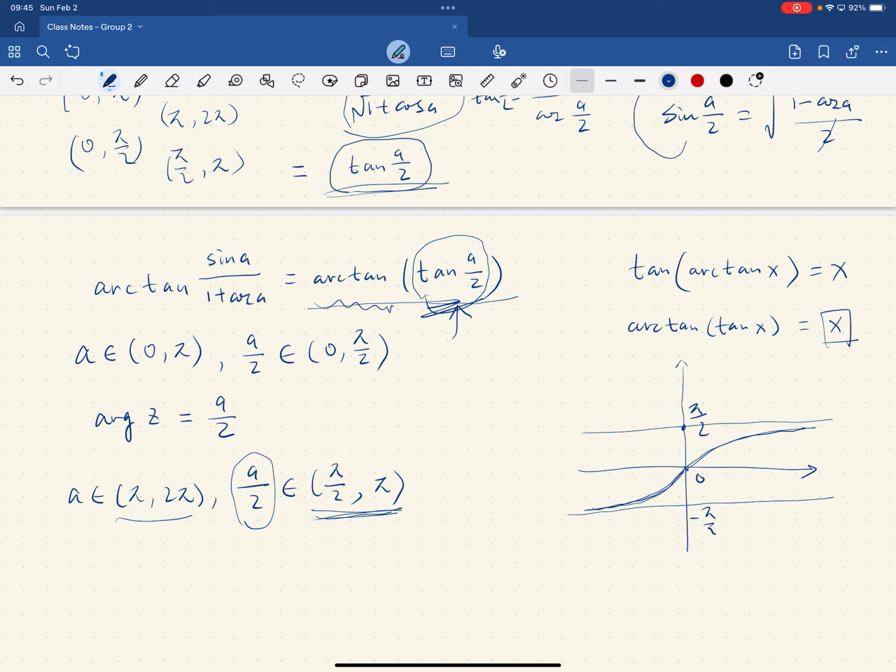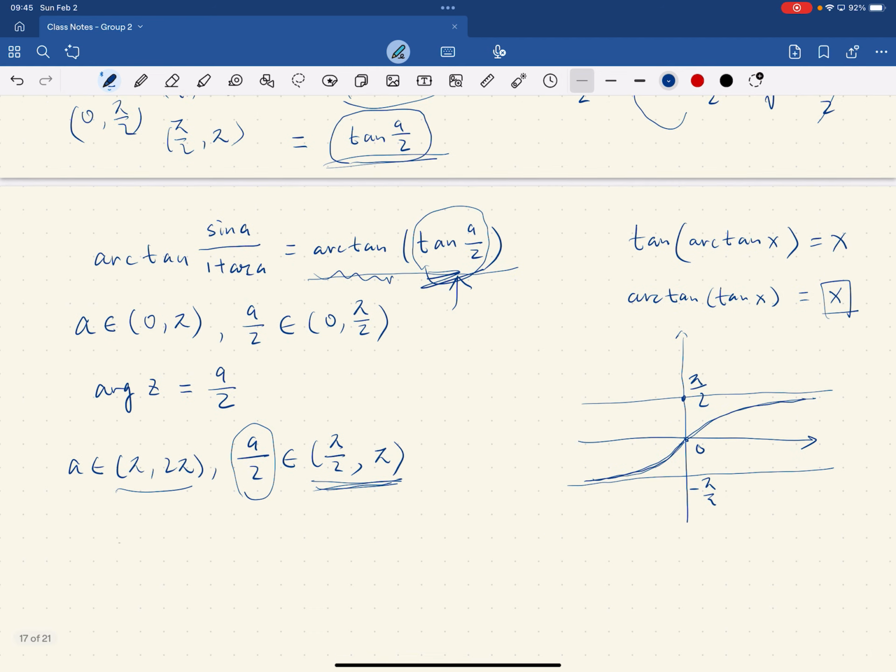It goes into quadrant 4, which is going to be a value between negative pi over 2 to 0. So in this case, we're going to get a over 2 minus pi. I wouldn't say this is the argument, because we understand this value is in this range.